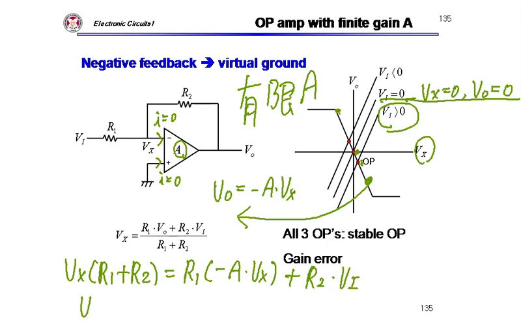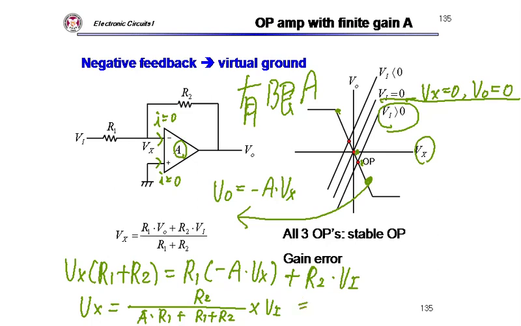So my Vx happens to be what? I will divide by A here.